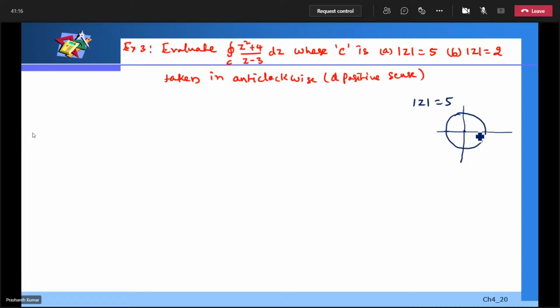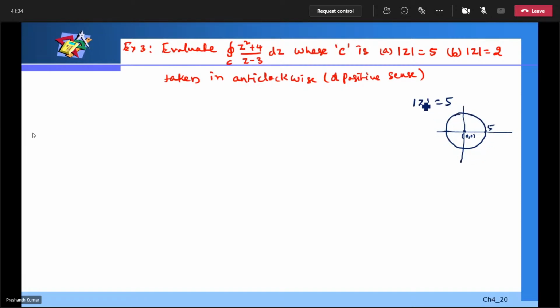So the radius of the circle is here. This is 5. This point is 0, 0. This is the closed contour we are considering.